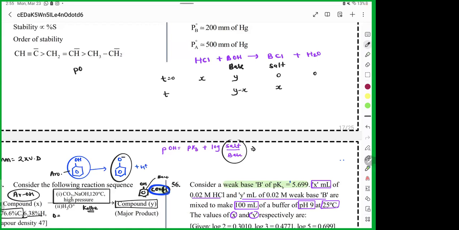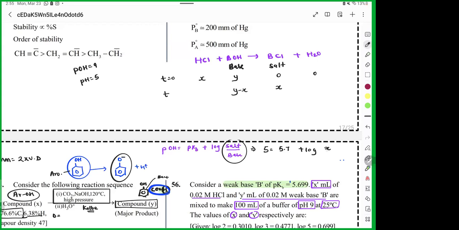Now here we said that pOH is equal to 9, so pH will be equal to 5 because 14 minus 9 is equal to 5. This is almost 5.7 log salt.